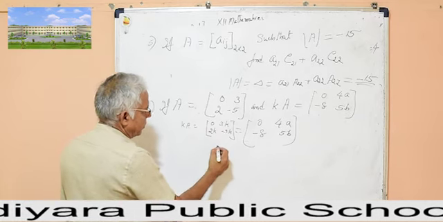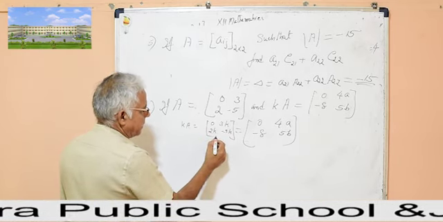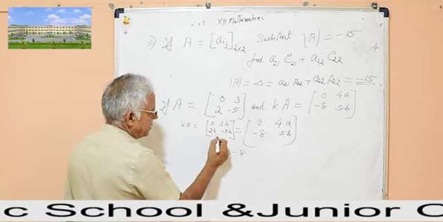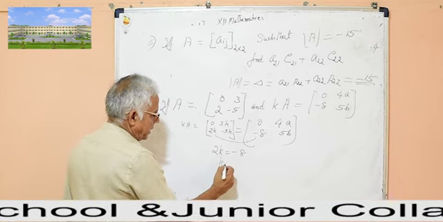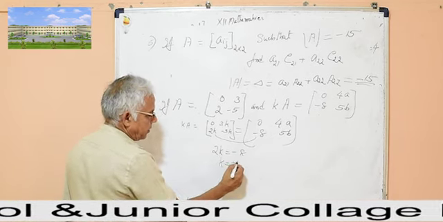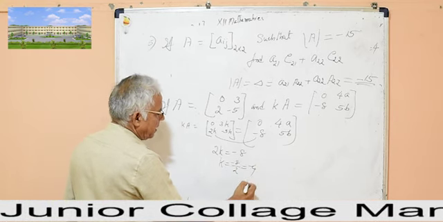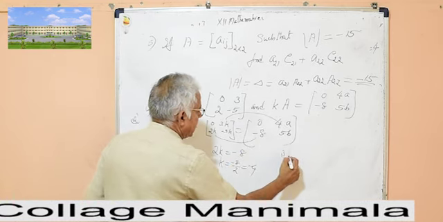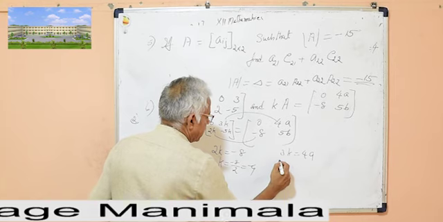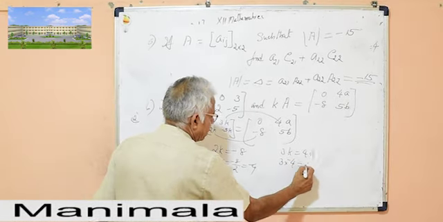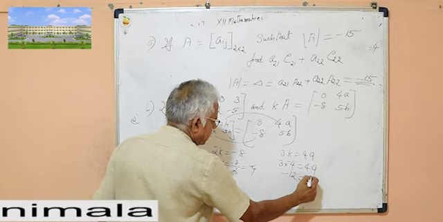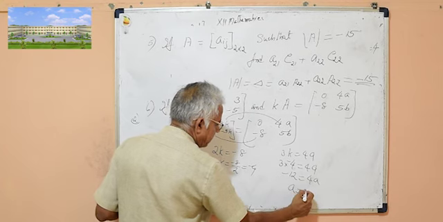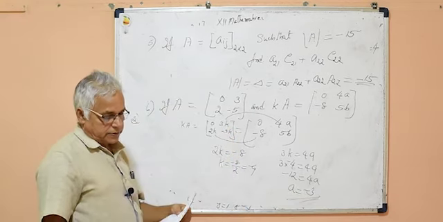Compare: 0 is equal to 0, and 2K is equal to minus 8. So K is equal to minus 8 by 2, minus 4. Then compare next: 3K is equal to 4A. 3 into K value minus 4 is equal to 4A. Minus 12 is equal to 4A. Then 4 cancelled, A is equal to minus 3. We stop here.